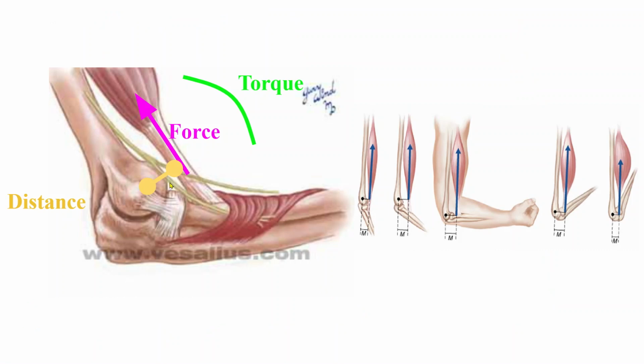Here's your muscle force, and it is not this distance to the insertion point, but it's the perpendicular distance from the center of rotation or the elbow joint to the line of action of the force. And the images on the right just show how it changes. And you do generate more internal torque at 90 degrees because that internal moment arm is slightly higher.